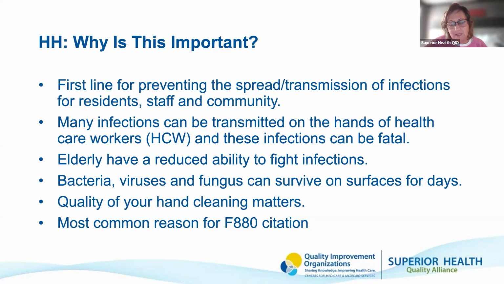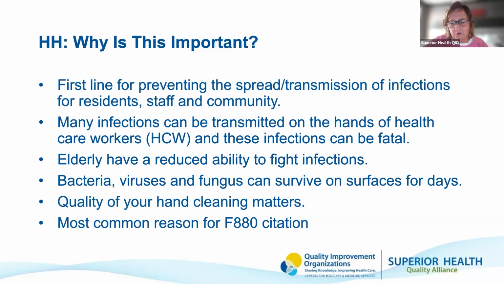And it continues to be the most common reason for F880 citation. We talk about something so simple as hand hygiene, and it continues to be the most common reason that facilities get cited for F880: the failure to perform hand hygiene.